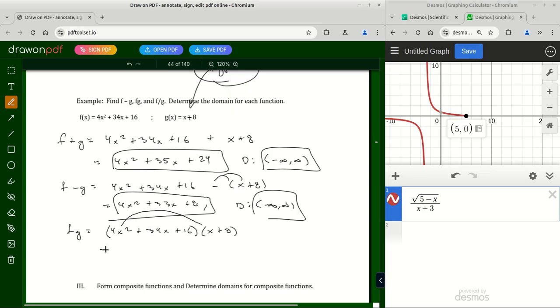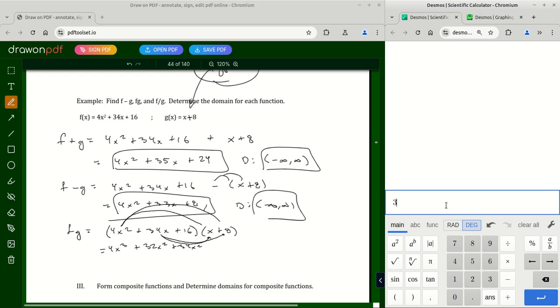4x squared times x is 4x cubed. 4x squared times the 8 is 32x squared. 34x times x is 34x squared. 34x times the 8, pause. 34 times 8, 272x. 16 times x is 16x. 16 times the 8, 128.